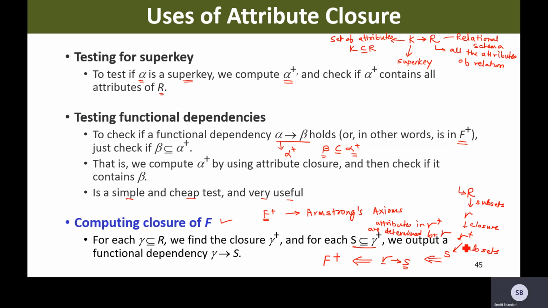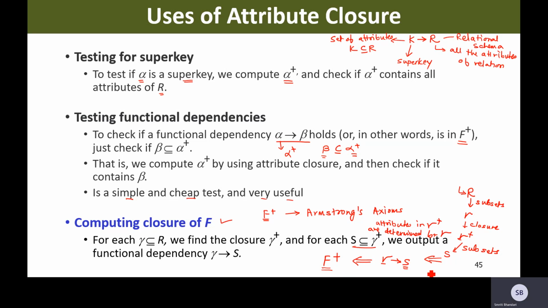For all such subsets S of gamma plus, we output the dependency gamma determines S, and this functional dependency is a member of our F plus.